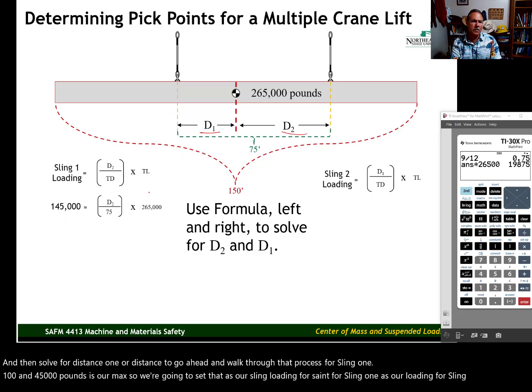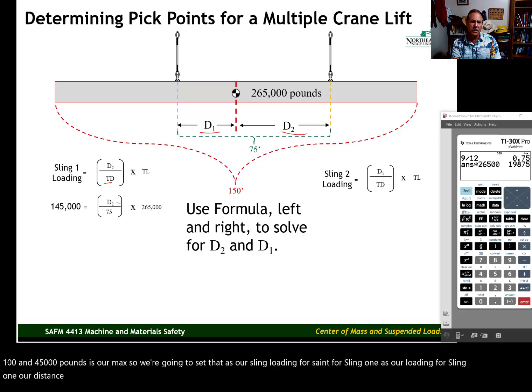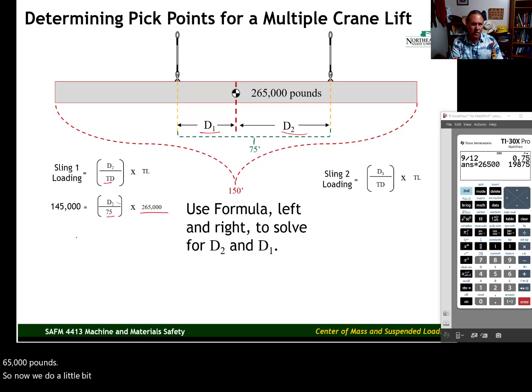Our distance between pick points, our total distance, is 75 feet. Go ahead and plug that in. Our total load weight is 265,000 pounds. Now we do a little bit of algebraic transposition to solve for D2, and we're going to find what our distance is for D2. Again, sling loading 1, we're finding D2.